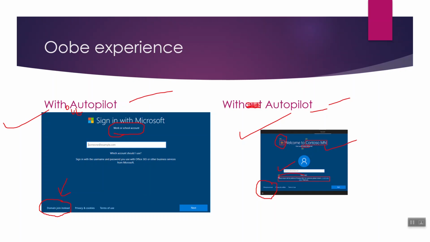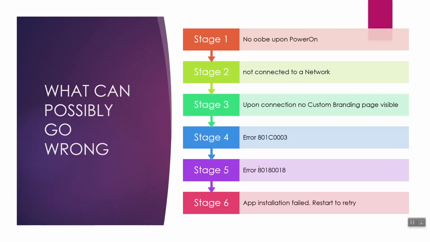This is an indicator to the end user that it is not a normal OOBE experience, but an Autopilot deployment which has been customized. So the logo of the company can be there, the name of the company can be there, a custom message can be there, which is all an indicator that yes, the Autopilot profile has been deployed to the device and the device is making use of that.